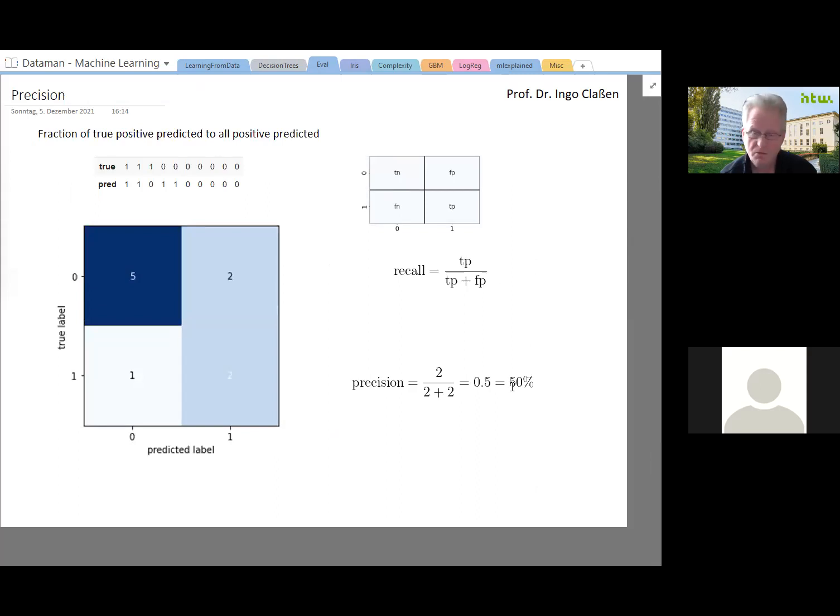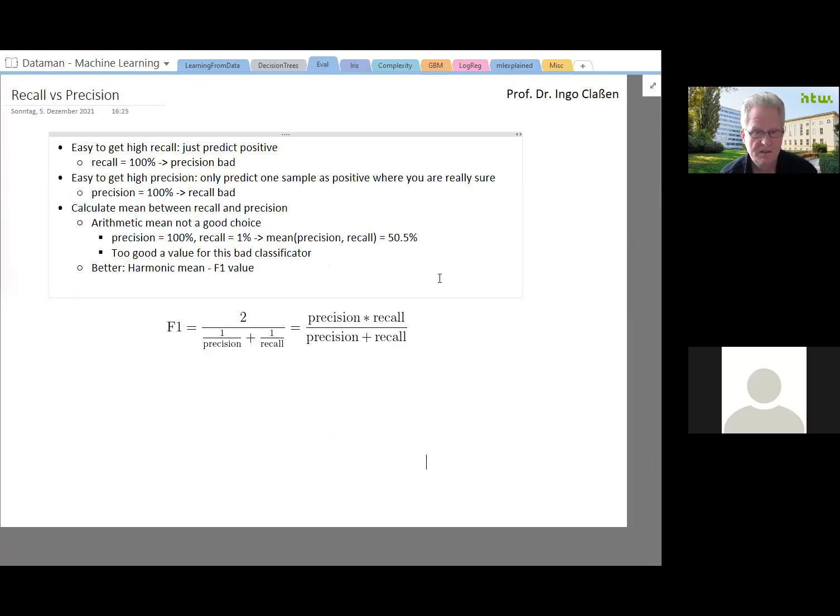Our precision would only be 10% here. So only relying on recall could also give a wrong impression of the classifier.